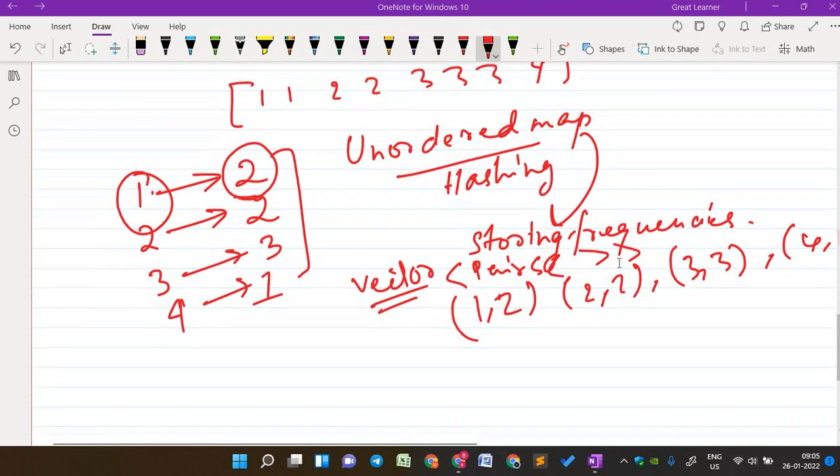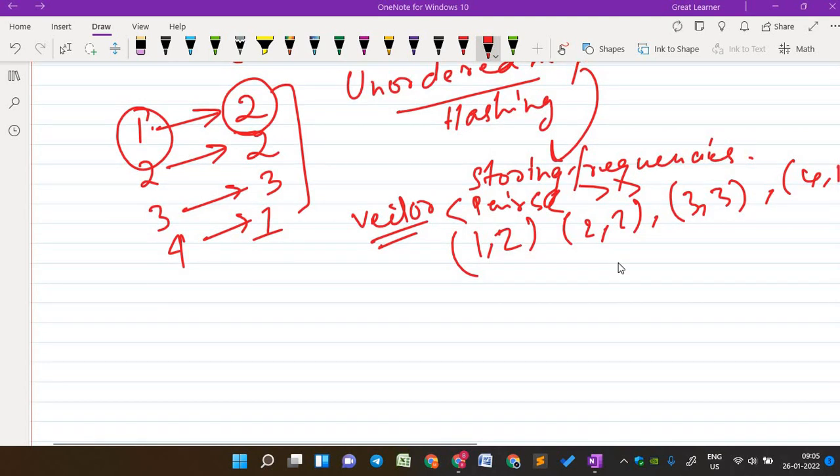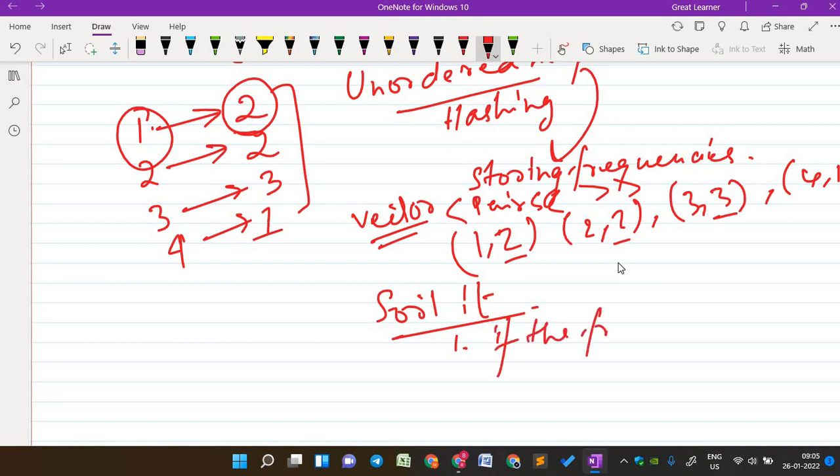After storing that, we need the maximum frequency, so we are going to sort it. What is the criteria of the sort? If the frequencies of two elements are equal, we sort them according to their value, and the higher value comes first.